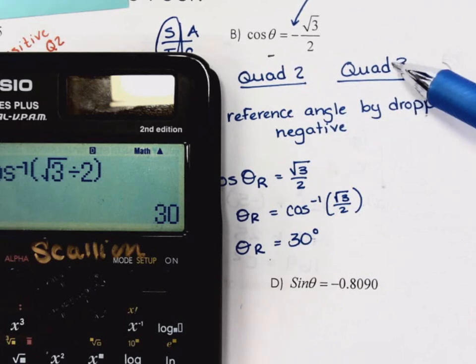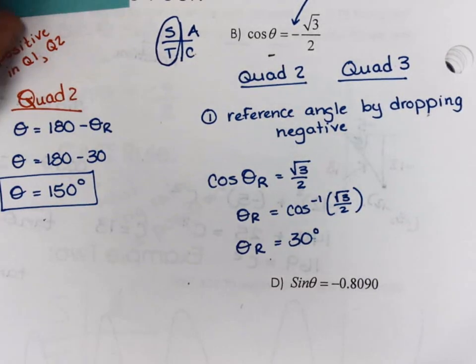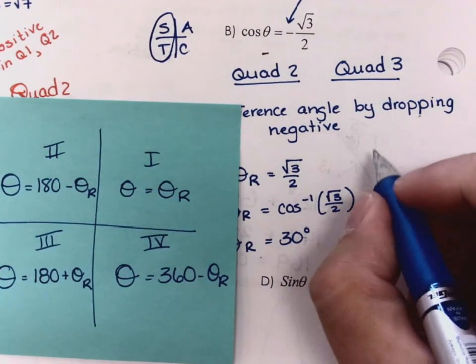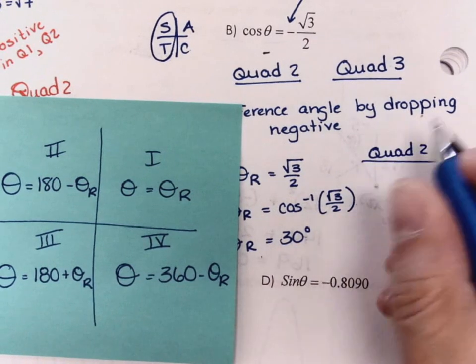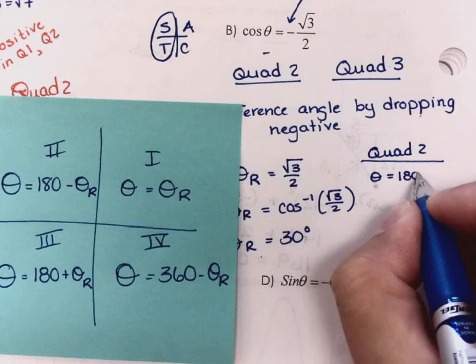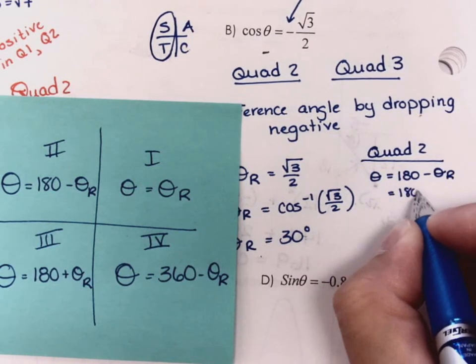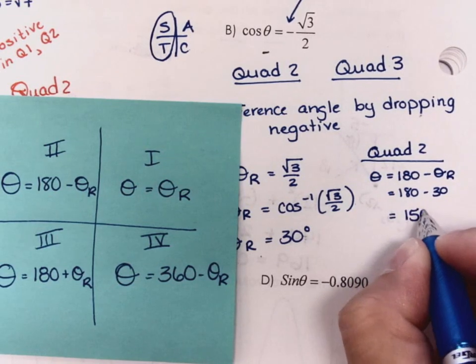My real answers are going to be in quadrant 2 and quadrant 3. So I'm going to use my reference sticky note. In quad 2, the rule is theta is equal to 180 minus theta reference. So I'm going to have 180 minus 30, and I will be at 150 degrees.